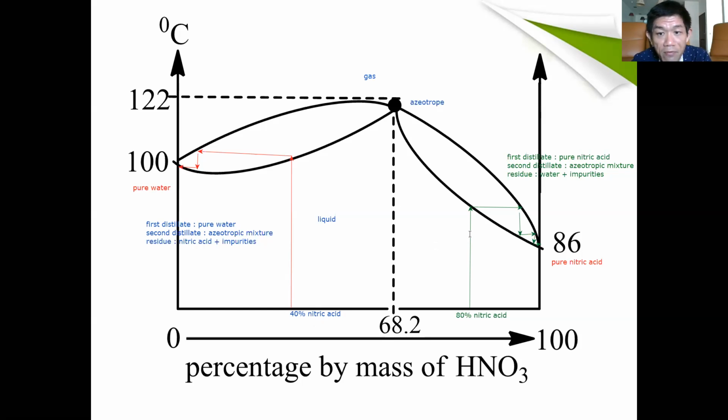If you start from 80% nitric acid, your first distillate will be pure nitric acid, whereas your residue will be azeotropic mixture. So this is how you determine for positive and negative deviations. Hopefully you understand the principle of fractional distillation.